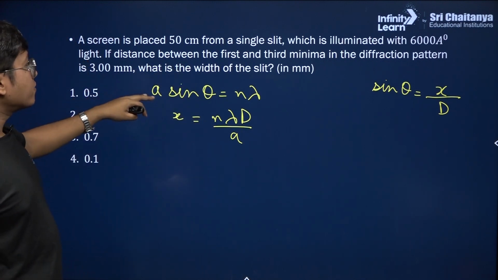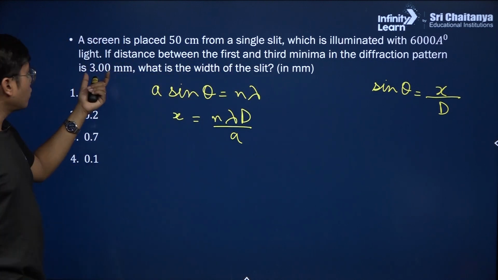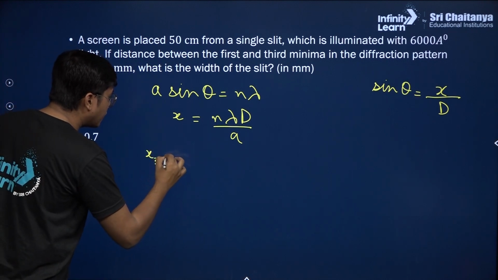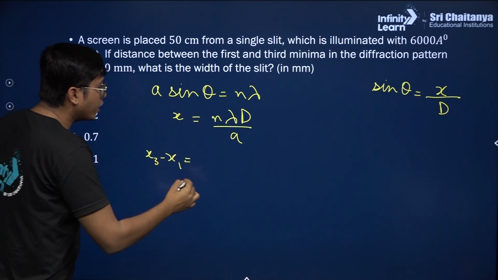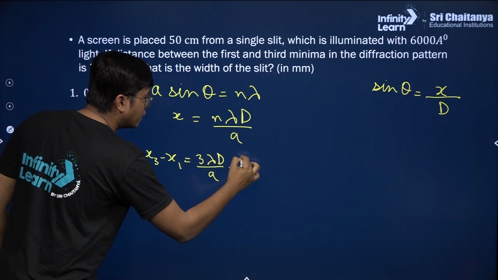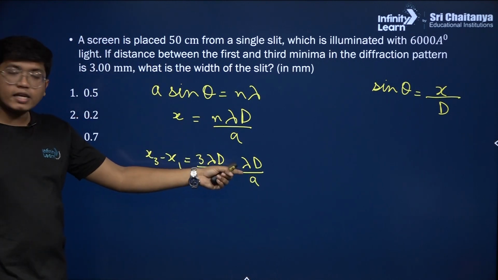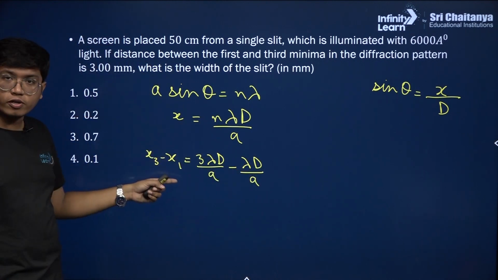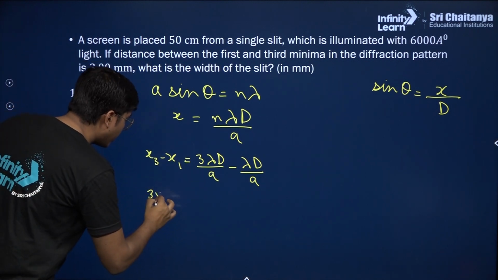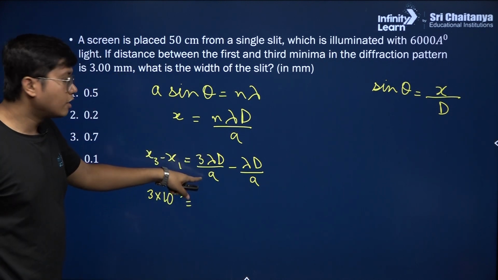Now in the question they have said that between the first and the third minima you have a distance of 3 millimeter, which means your x3 minus x1 would be equal to 3 lambda capital D by a minus lambda capital D by a, because n value would be 3 in the first case and 1 in the second case for x3 and x1 respectively. Now this is given as 3 millimeters, so 3 into 10 to the power minus 3 is equal to 2 lambda capital D by small a.